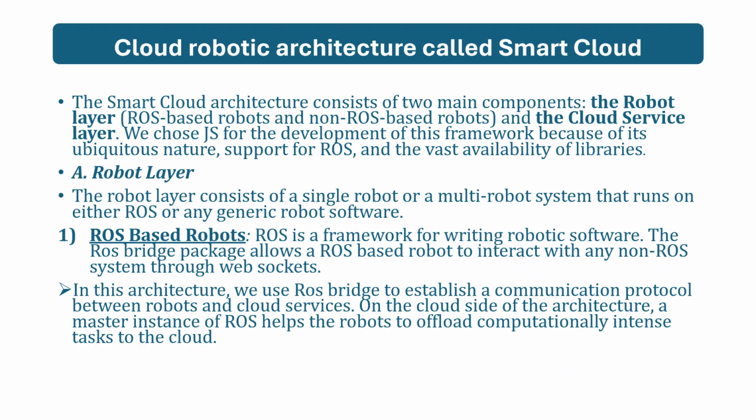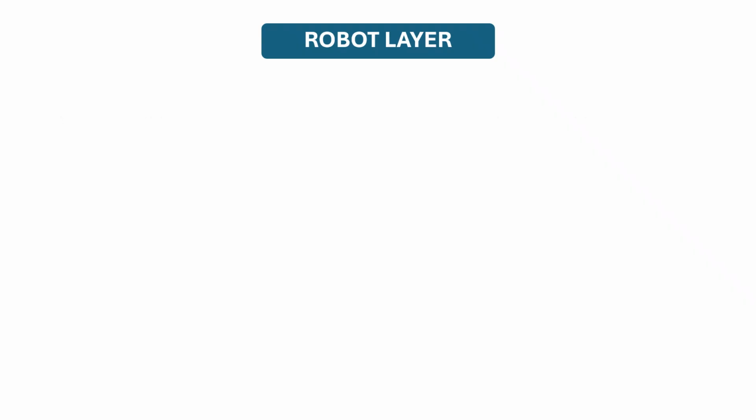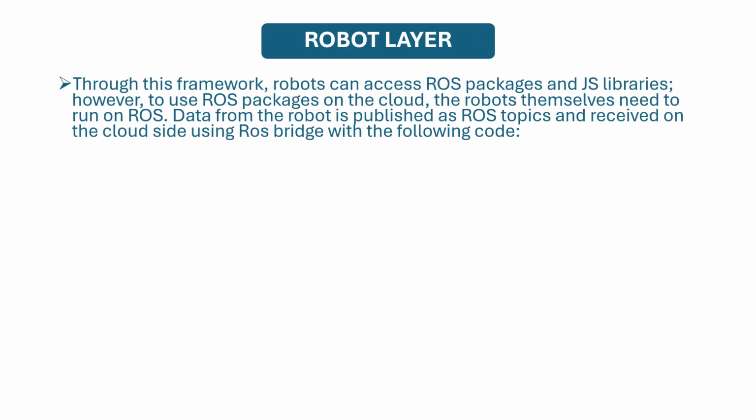Now come to the next topic. We have the robot layer. The robots can access, I told you, JS libraries, JavaScript libraries, because the robots can only work on ROS based software. So they need JS libraries which help ROS based systems, and the robots can access ROS packages also.